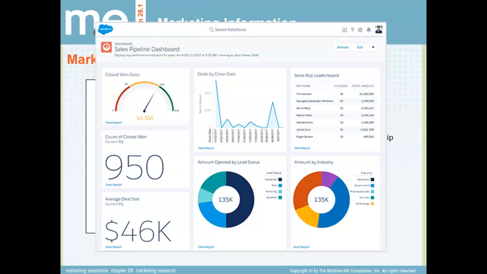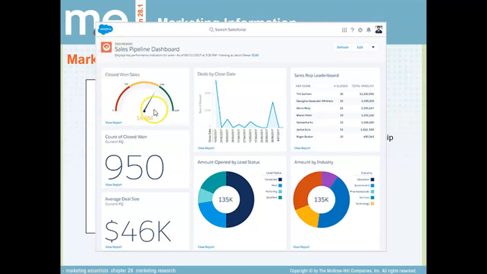Salesforce is a nationwide company, but they do have a headquarters in Indianapolis, and they help companies create this. This is an example of one of the dashboards that they create, and it allows you to see some of the information that they can help you generate.